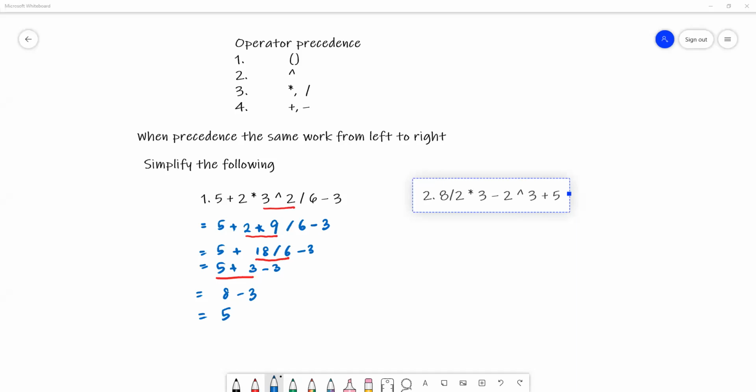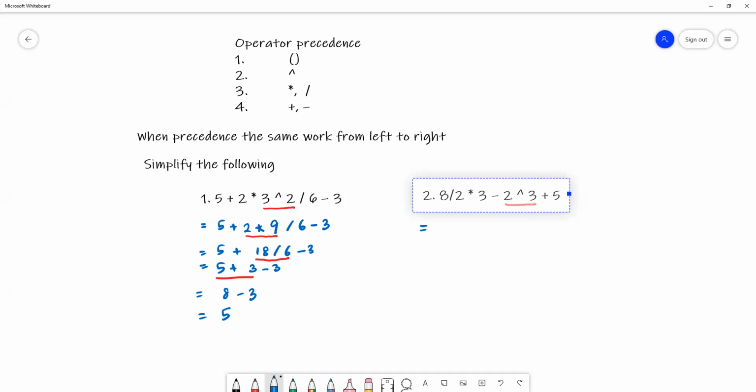Okay, so let's look at the answers. So the second one, we have division, multiplication, subtraction, and exponentiation here, the power. So we have to first work on this one.